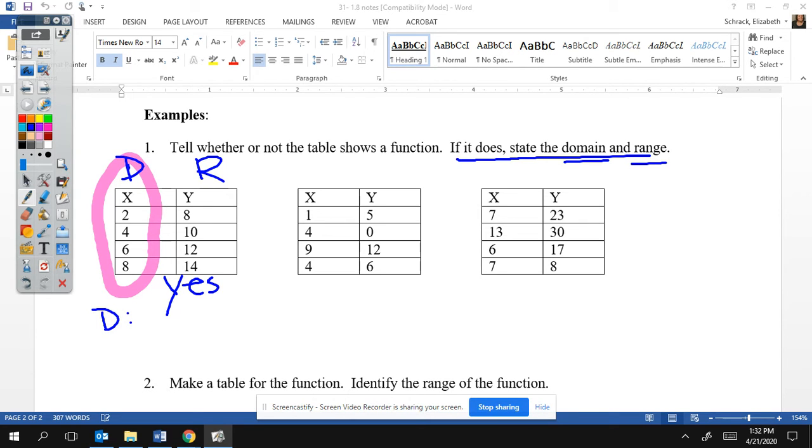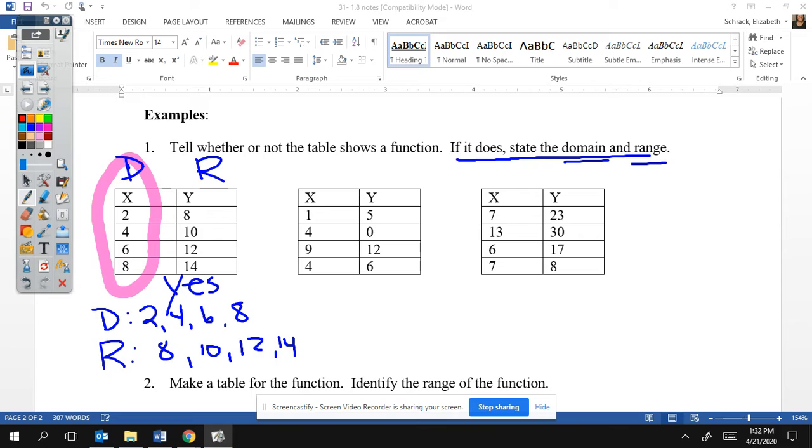Our domain numbers are 2, 4, 6, and 8. Our range values are our y's, or our output values, and those are 8, 10, 12, and 14. And that's all we need to do for that problem.